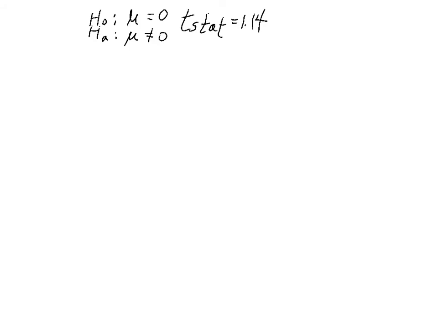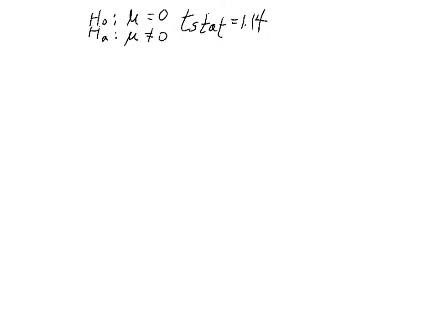Alright, what if the problem was to calculate a p-value? I want a p-value for this test. It's a difference test. Okay, so it's looking for a change. The t-statistic, let's say, was 1.14.